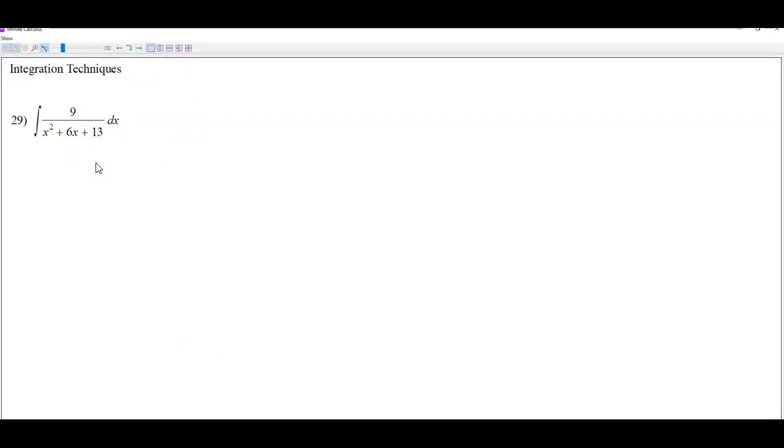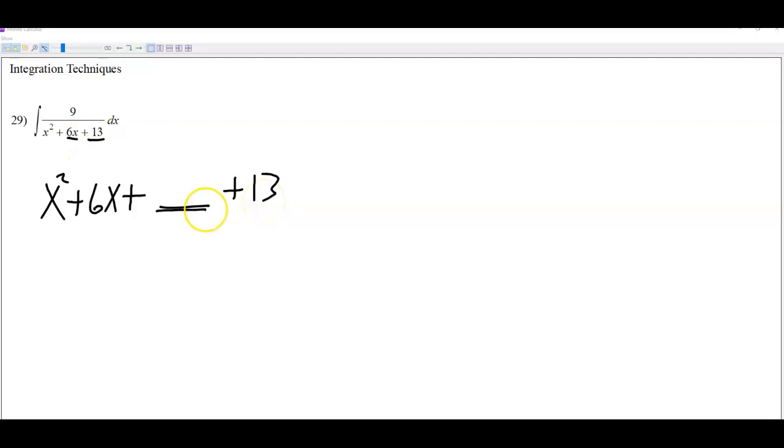On number 29, we have a trinomial in the denominator. When you have that, it's going to be a completing the square type of problem. So for completing the square, what we're going to do is we're going to take this denominator, and I'm going to create a new number between the second and the last.